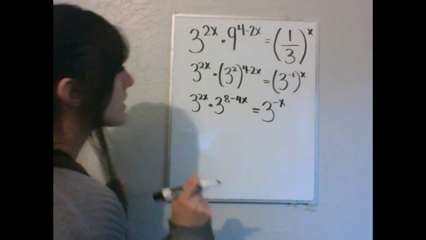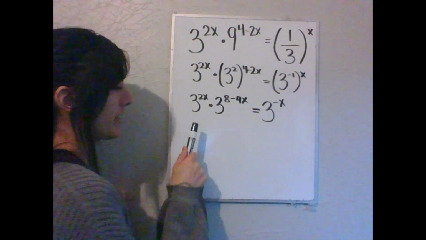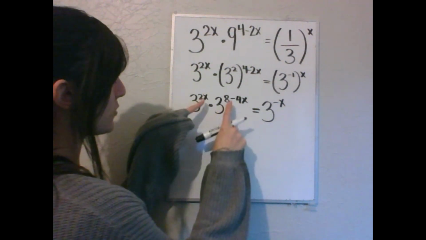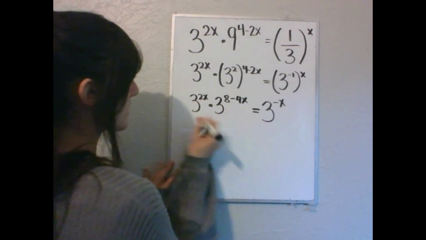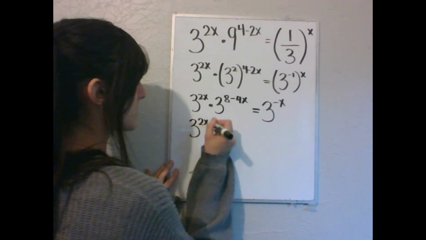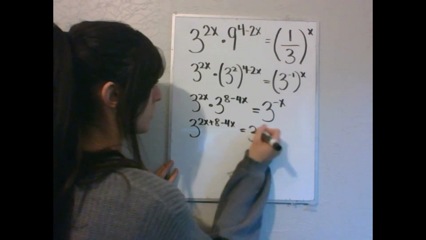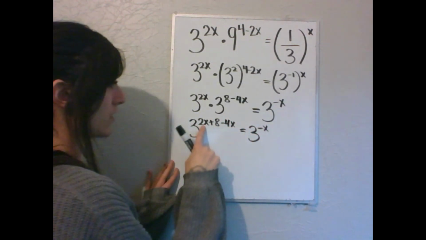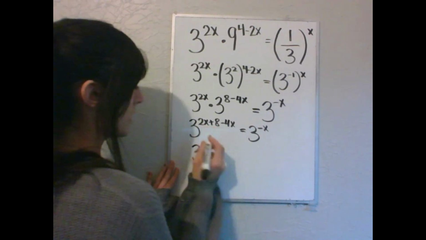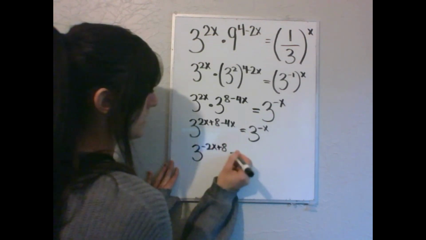Now, this side of the equation needs to be simplified. We know that we have the same base and we're multiplying, so we need to add these exponents. I'm going to rewrite it as one term, 3 to the 2x plus 8 minus 4x. So I've got a 2x minus 4x, that becomes minus 2x. Don't forget your plus 8.